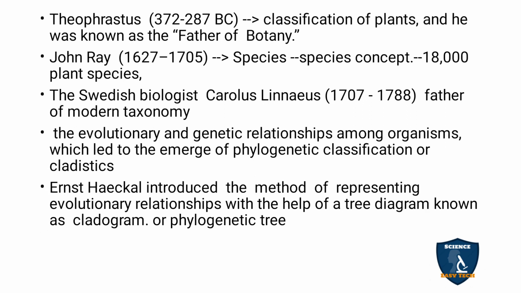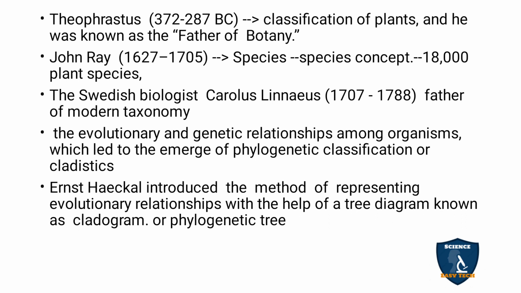Theophrastus is the father of botany. 372 to 287 BC, he classified the plants. And John Ray, 1627 to 1705, coined the word species, and he gave the species concept, where he explained 18,000 plant species, okay.